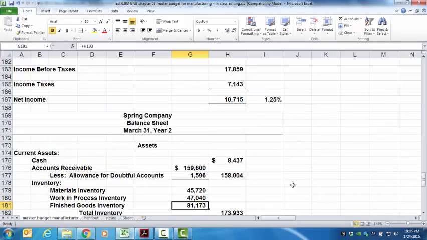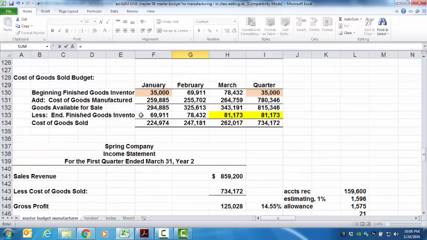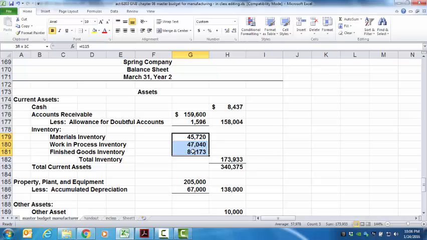And lastly, the finished goods inventory, that came from the cost of goods sold budget. And so there's the $81,000 figure. I can add those three, and I get my total inventory. And then I can combine the cash, the receivables, and inventory and get something called current assets. And recall, current assets reflects those assets that will have a cash impact essentially within a year.